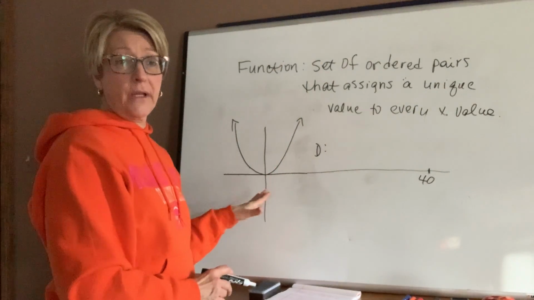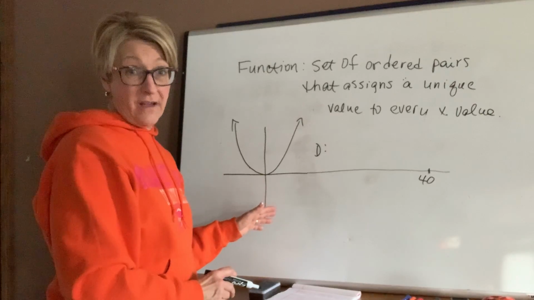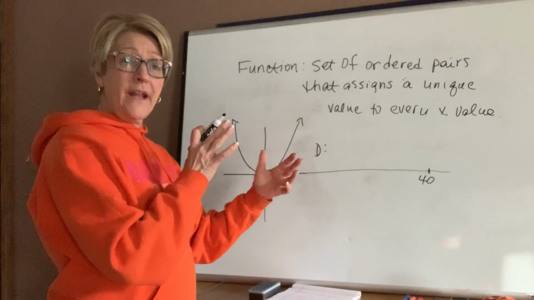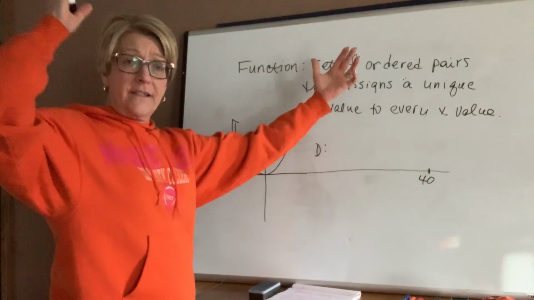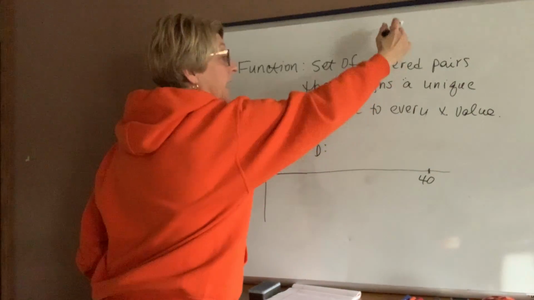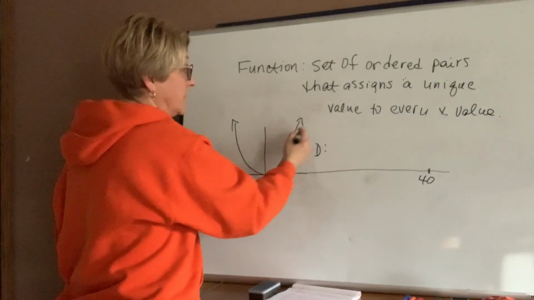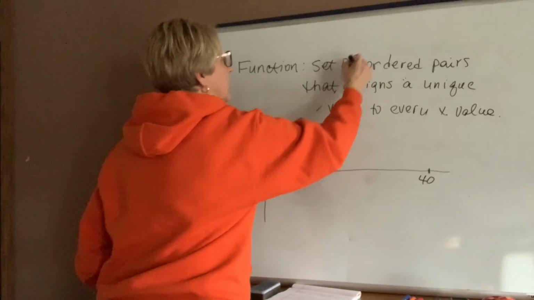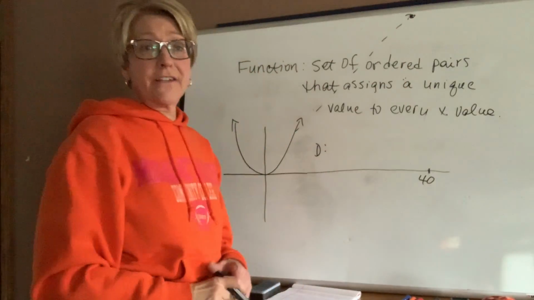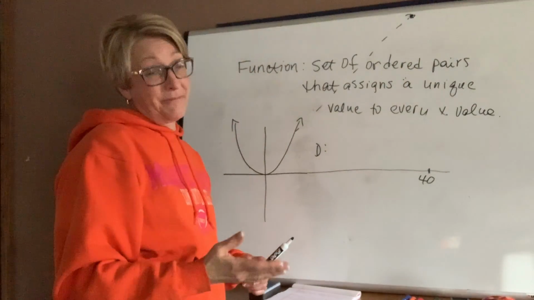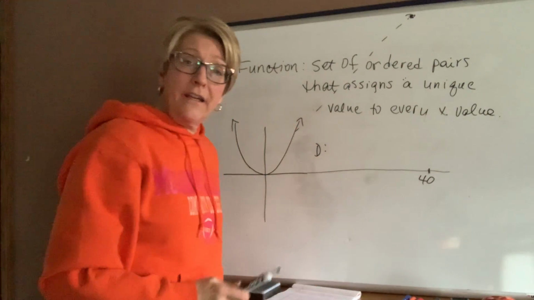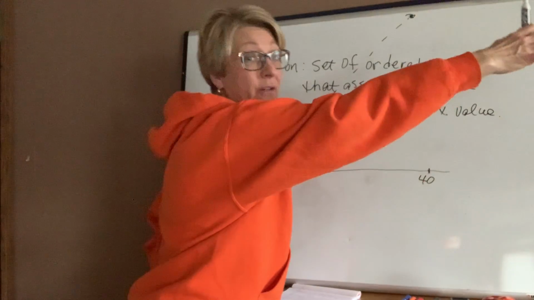The nature of a parabola is it opens, it's hard to draw, I'm not a very good artist, but it opens upward and outward. It gets wider as it moves up, okay? So this is getting wider as it moves up. So imagine this extending way up there. Again, I'm not a great artist, but bear with me. There is a point on this parabola where the x value is 40. And it keeps on going.